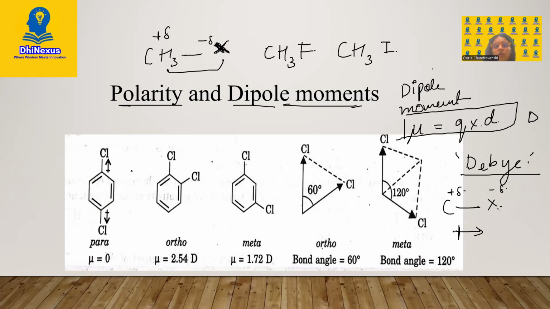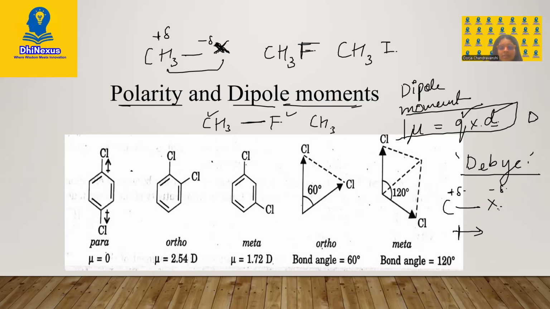So if I talk about CH3F, please make sure that it is the product of both Q and D. Although yes, the fluorine atom has the highest electronegativity, so the charge is going to be there, but my distance of separation, the bond between carbon and the fluorine atom, is going to be short.